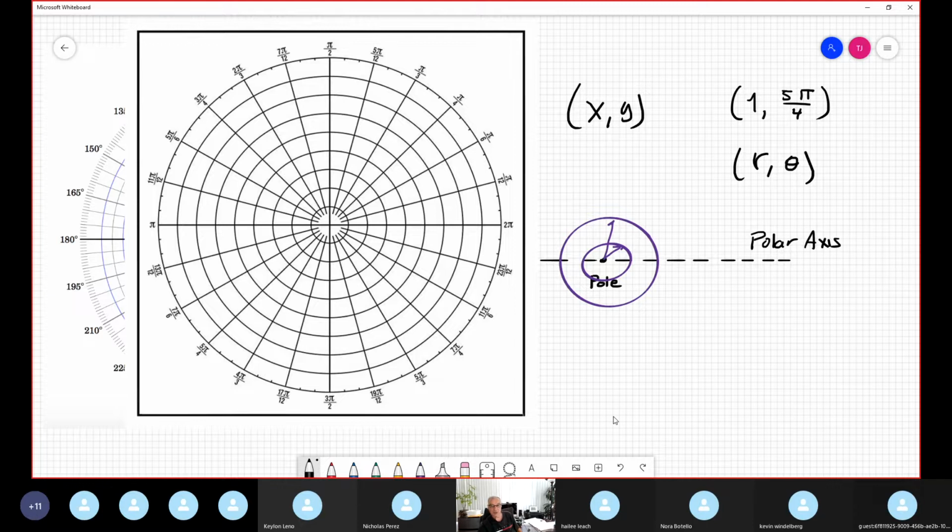Ajá, so let me try to explain. Radius 1 is the first circle. This one. 1, 2, 3, 4, 5, 6, 7, 8, 9, something, right? A 1, and the angle is 5 pi over 4, this angle, and the point approximately is this guy. Boom.